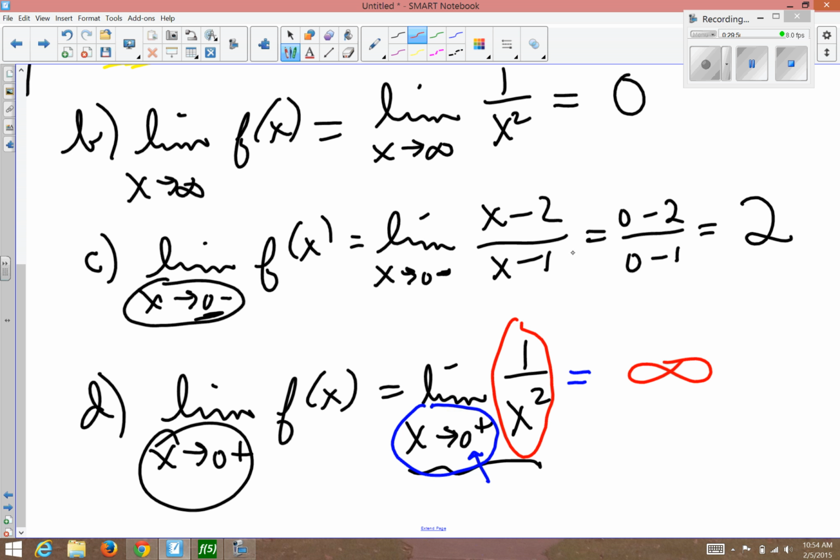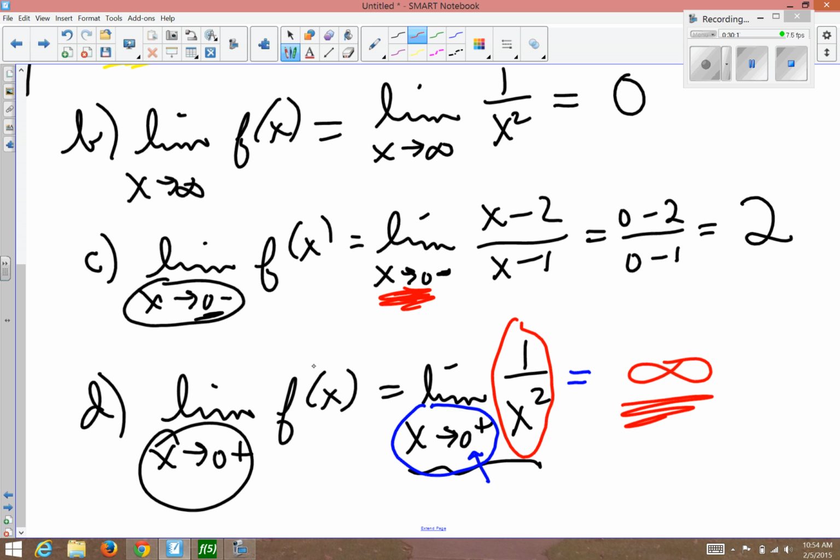So in part C, we just plugged in 0. But in part D, we plugged in numbers. We plugged in a lot of numbers that got closer and closer and closer to 0 from the right. So we used numbers on the right side of 0, but really close to 0.